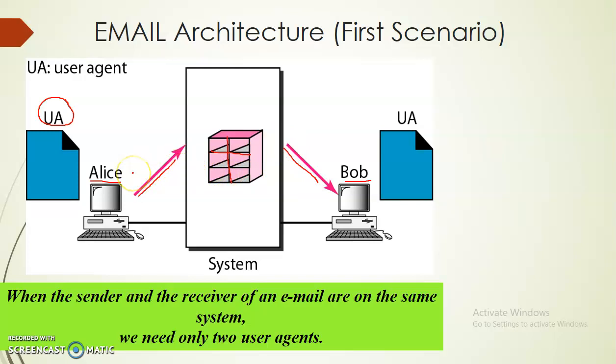When Alice sends the mail, for example to Bob, it will be stored in Bob's mailbox portion, which is accessed only by Bob. No other person can access that particular mailbox, right?